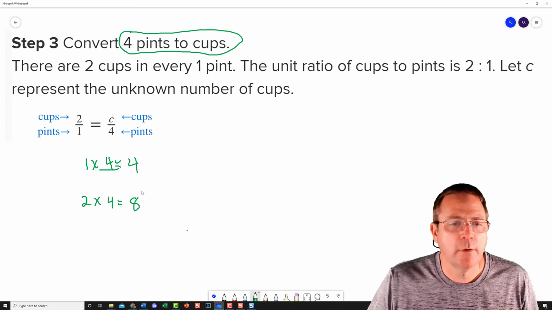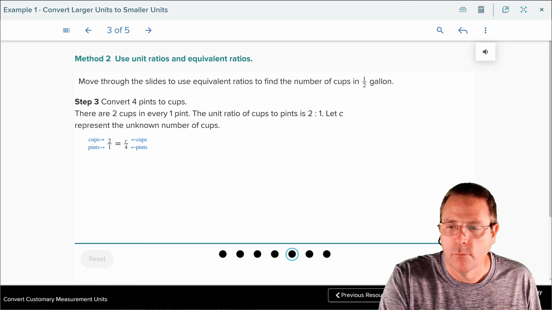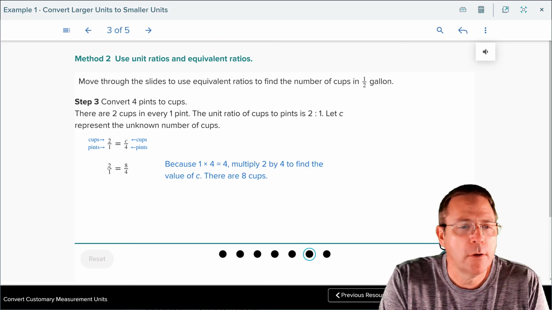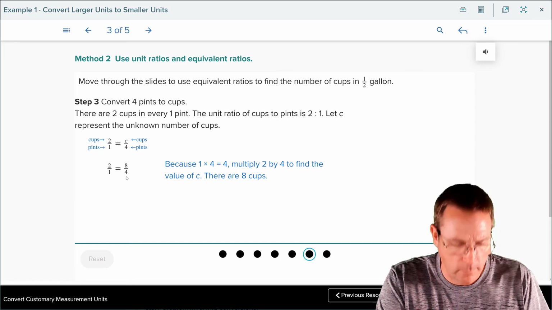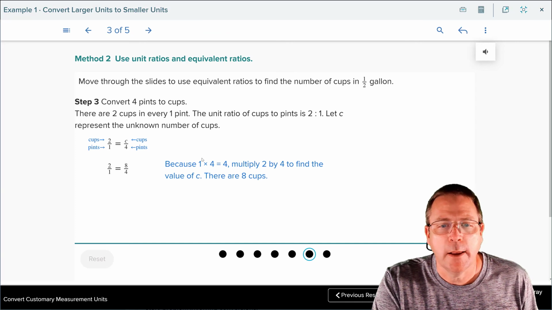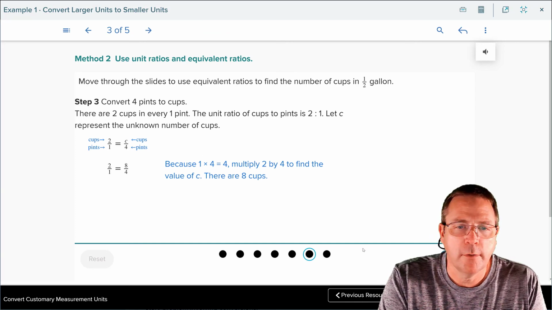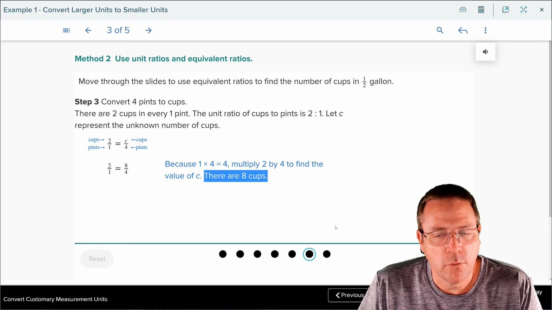And that is where the 8 is going to come from that you are going to see right here. Now right here you can see they've gone to 2 is to 1 as 8 is to 4. This is your good quality supporting work to go with it, and we can move on to the final stage. We now know there are 8 cups of soil being used here.